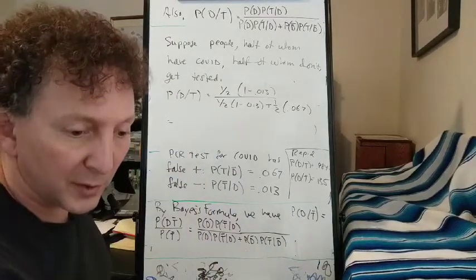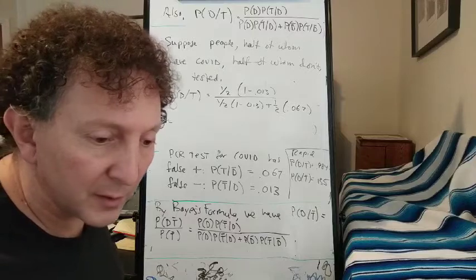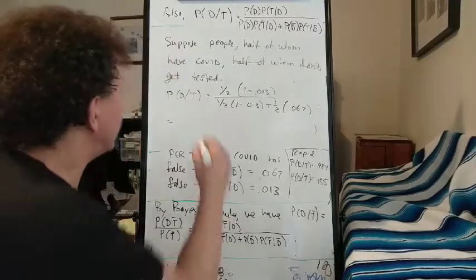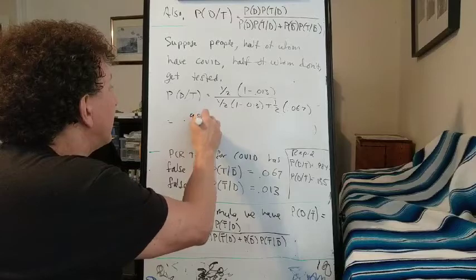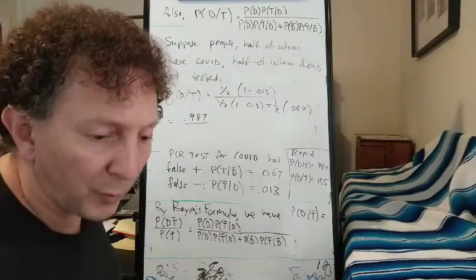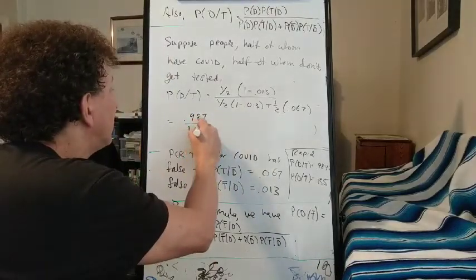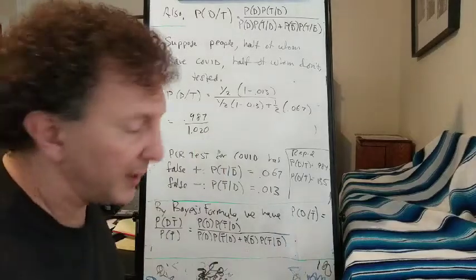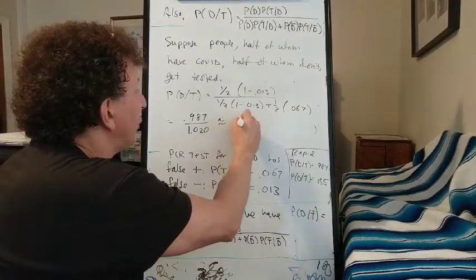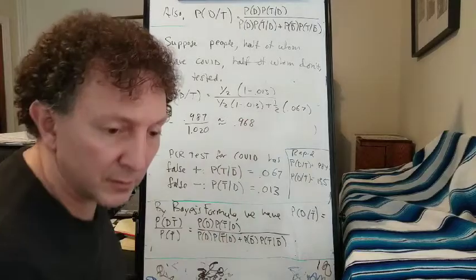So this is 0.987 over 1.020, and that is approximately 0.968.